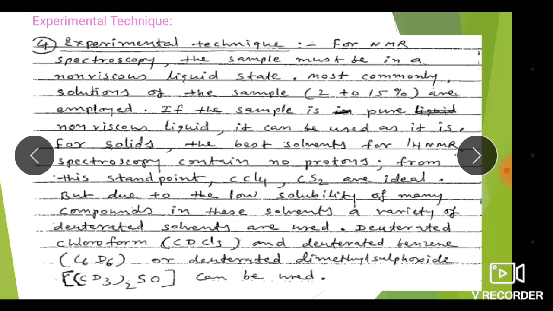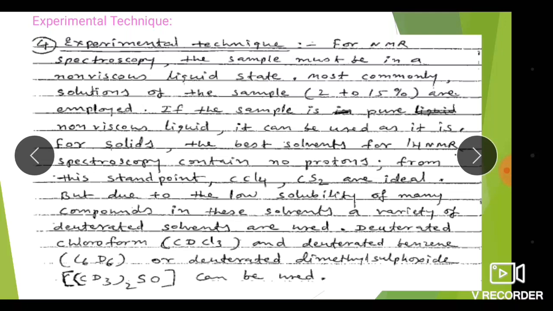If you are using a solvent for the preparation of the solution, then use a solvent without protons. That means the solvent does not contain protons, such as carbon tetrachloride, CCl4, or carbon disulfide, CS2, which are ideal.